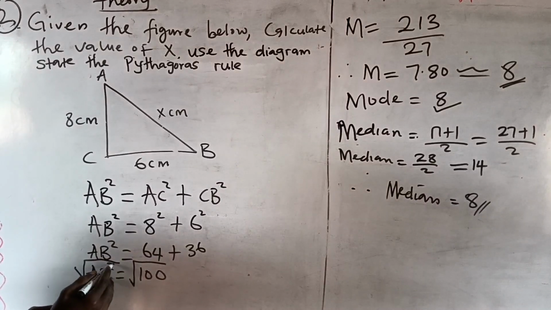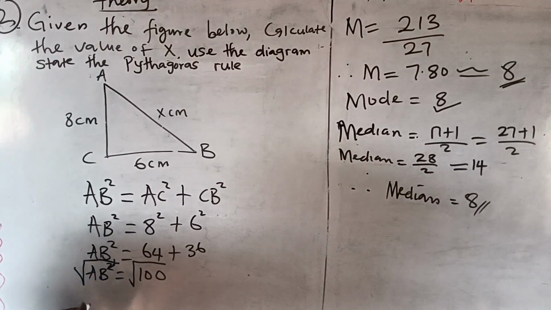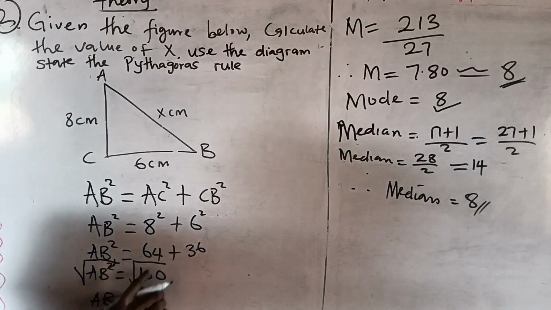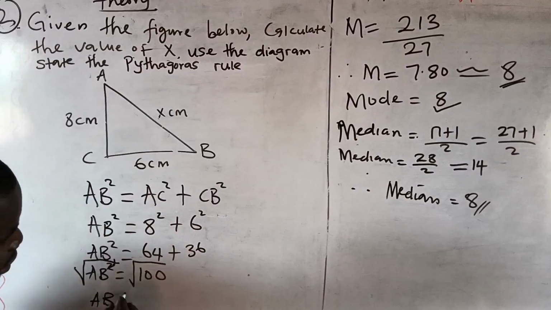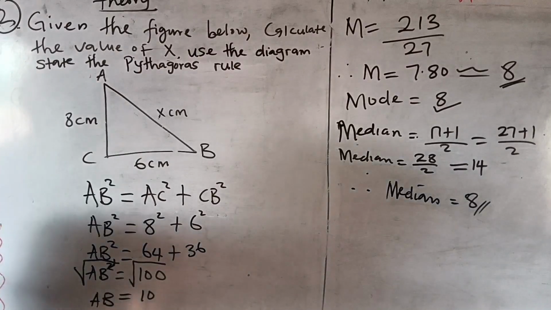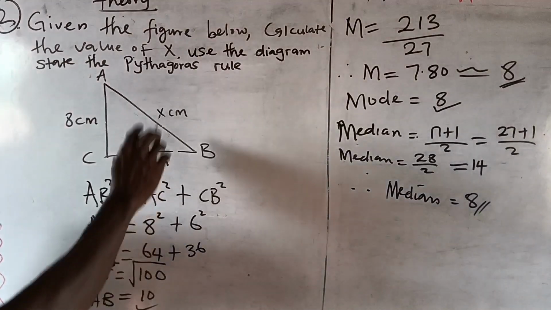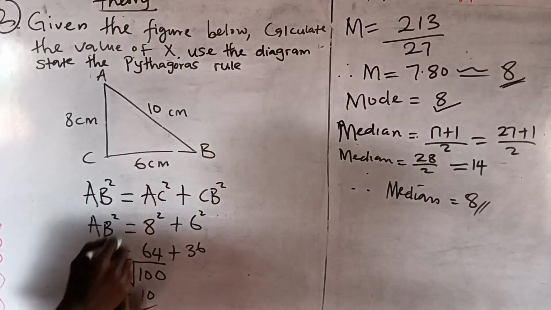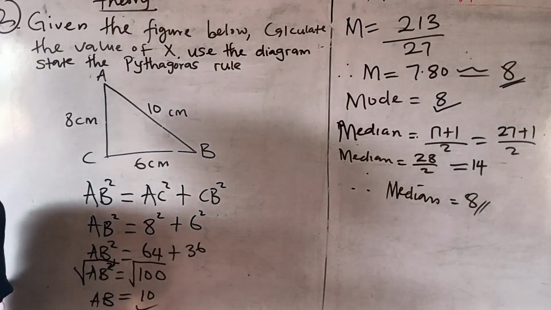Square root cancels square, and we are left with AB. The square root of 100 gives us 10. That is our final answer. That means x here is equal to 10 centimeters.